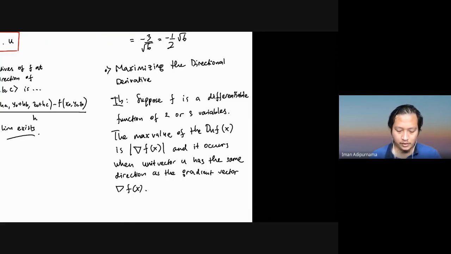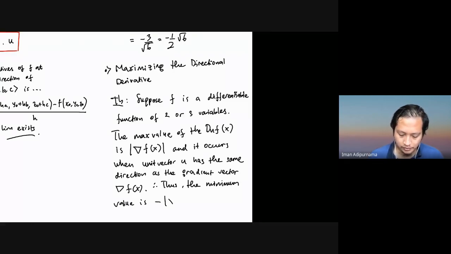Okay, and thus, the conclusion: thus the minimum value is the negative of the absolute value.